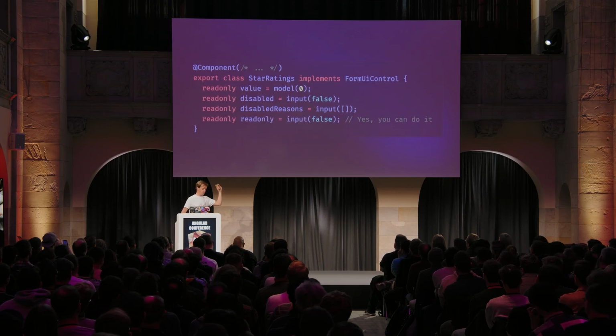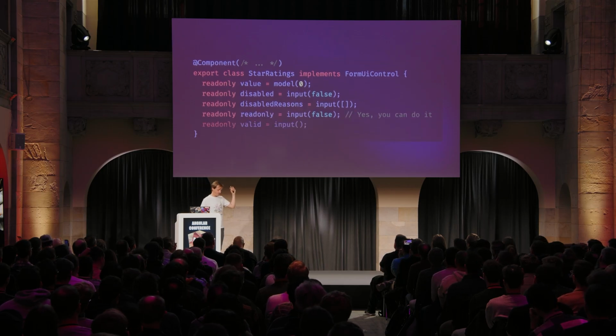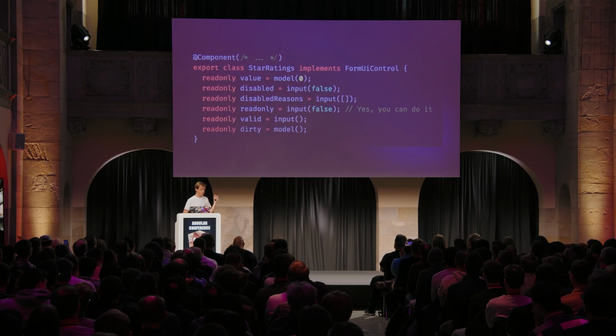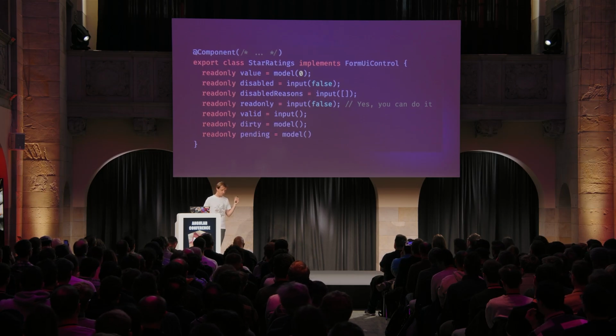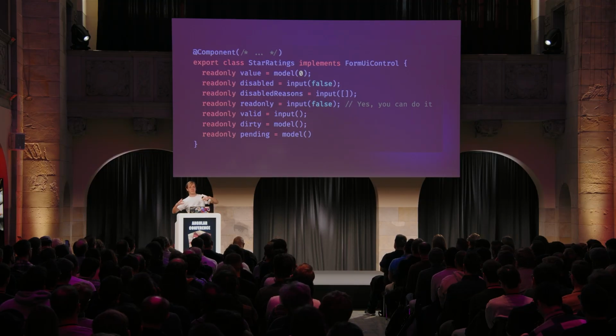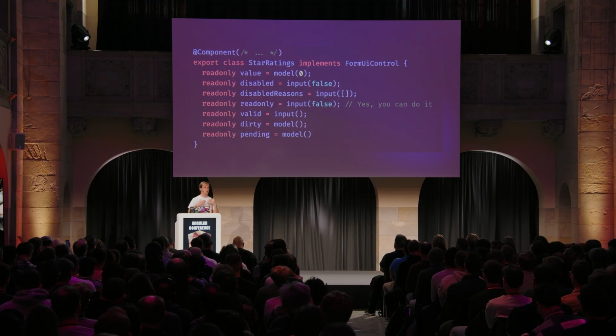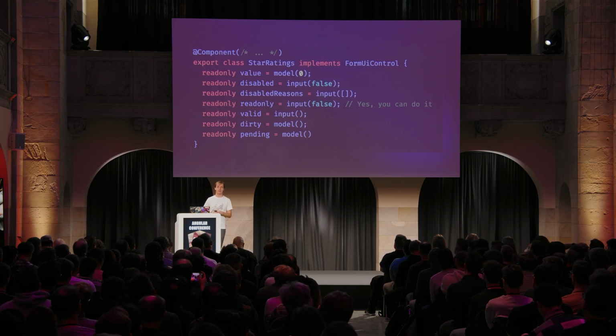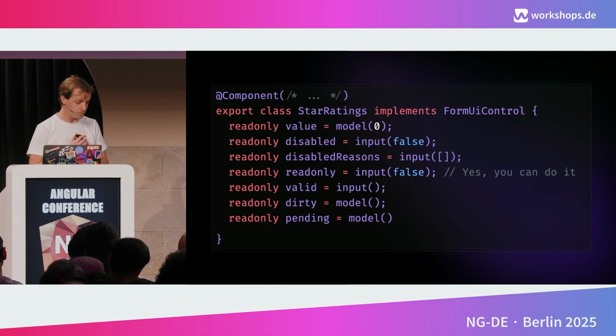You have a read-only state, you have the validity, you have the dirtiness of your form, the pending status, etc. So all these signals, all these inputs, if you build them into your component, they will be supported directly if you pass it a field directive.